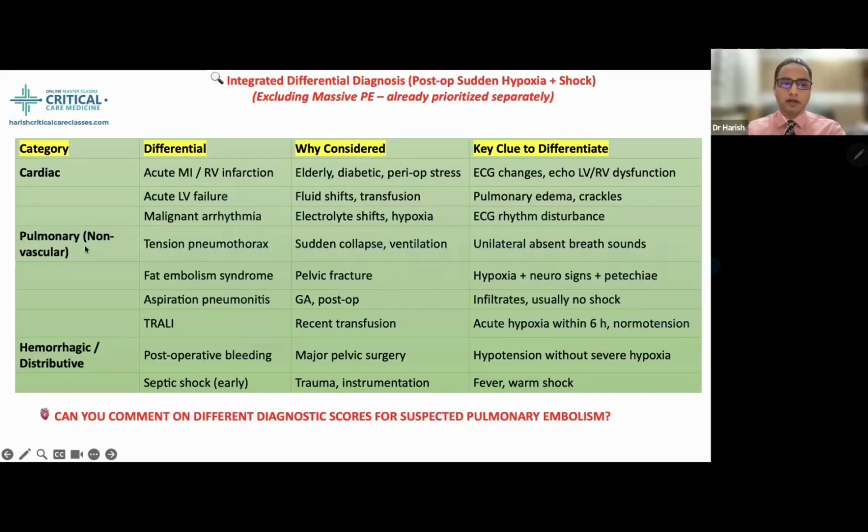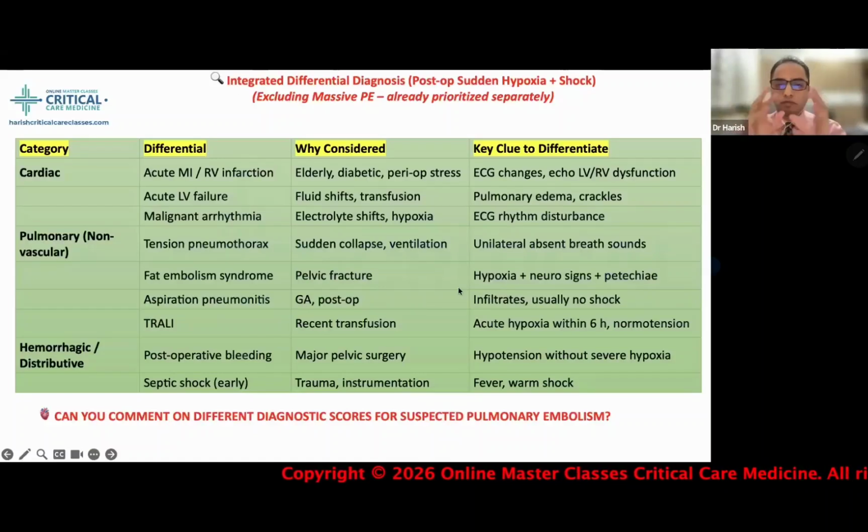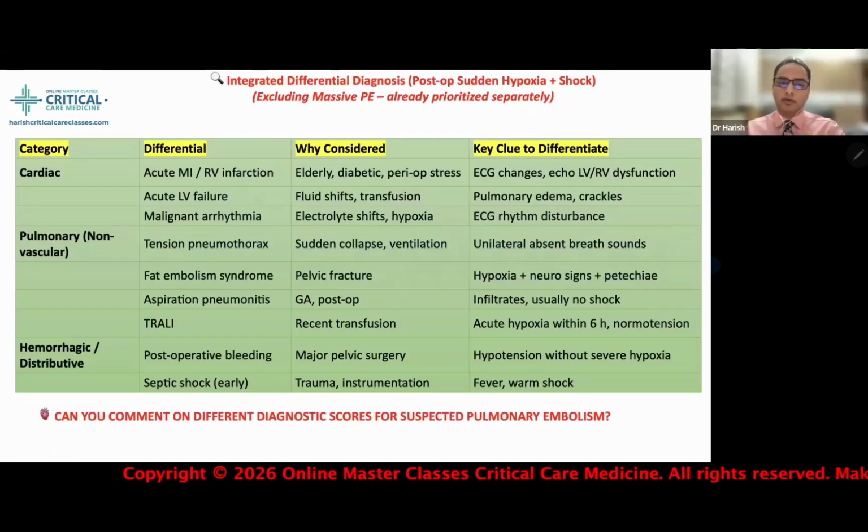If it is pulmonary but non-vascular, then you have tension pneumothorax: sudden collapse with decreased ventilation on that side, unilateral absent breath sounds. Fat embolism syndrome, as I already discussed: hypoxia, some neurological signs, petechiae with a background of pelvic fracture.